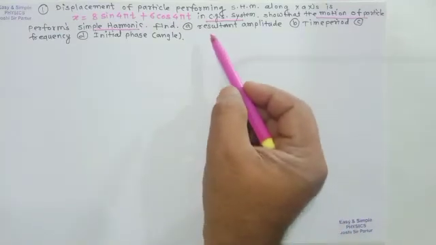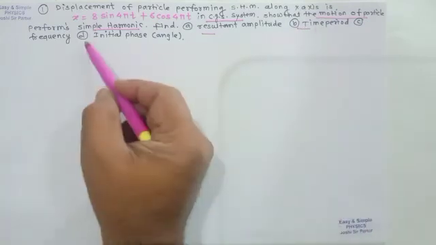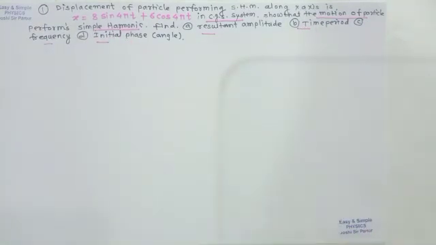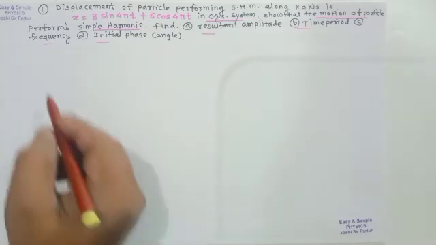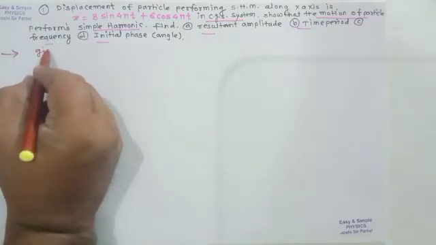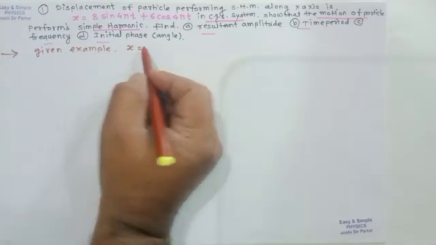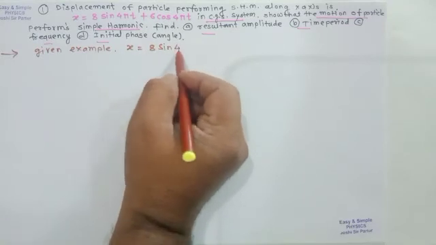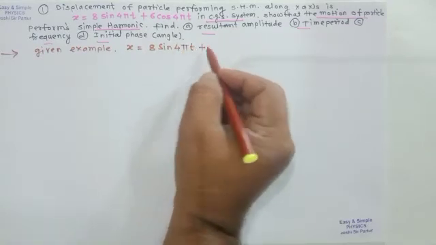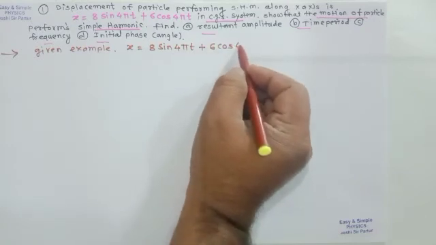Again, we want to find the resultant amplitude, time period, frequency, and initial angle. Given example: x is equal to 8 sine of 4 pi t plus 6 cos of 4 pi t.